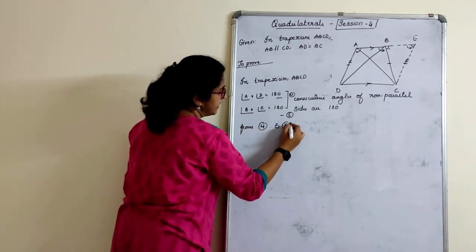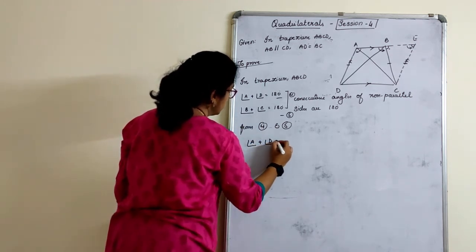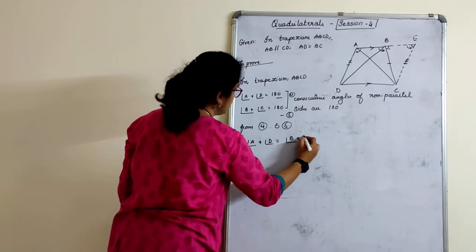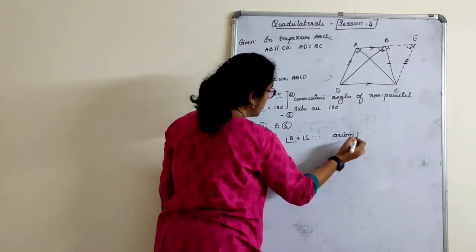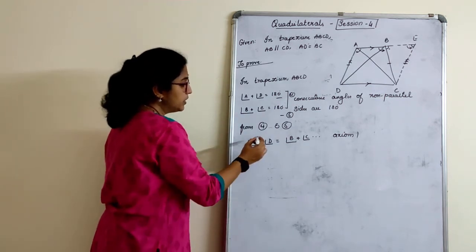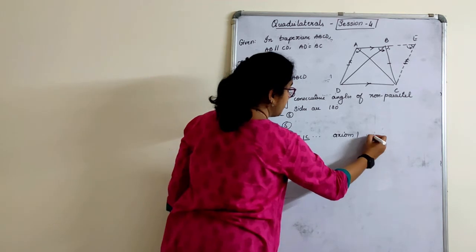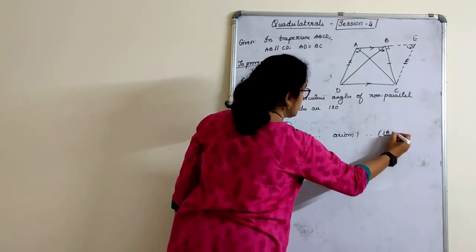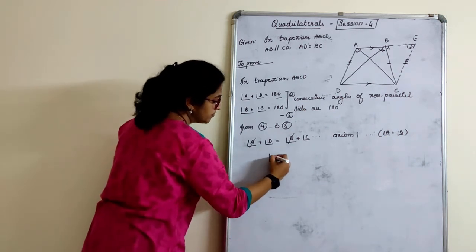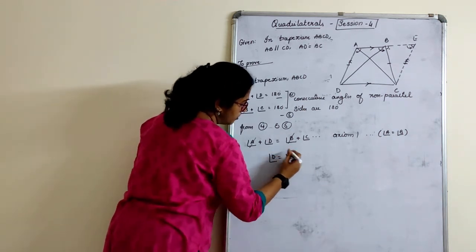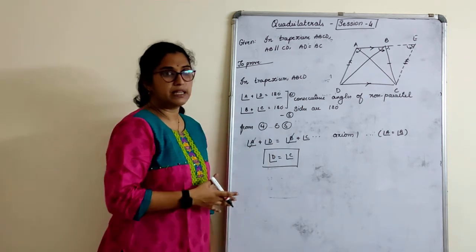From 4 and 5 I will write here. Angle A plus angle D is equal to angle B plus angle C. Axiom 1. Things equal to same thing are equal to one another. Now, can I cancel angle A and angle B? Why? I will write here. Angle A is also equal to angle B. Proved above. What remained? Angle D is equal to angle C. Okay? This was very simple enough to prove.